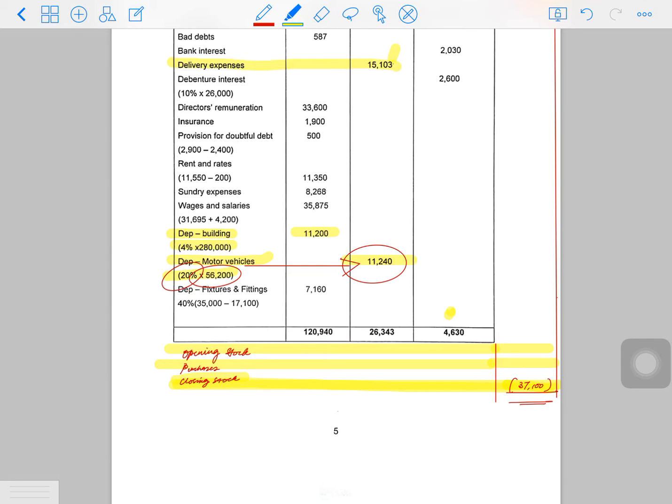You have motor vehicle. Okay, the amount given here is the accumulated depreciation.